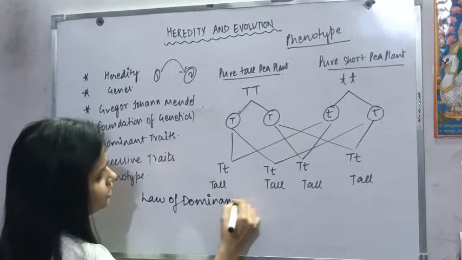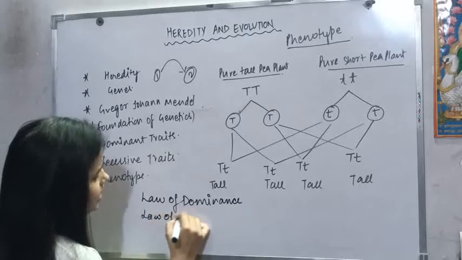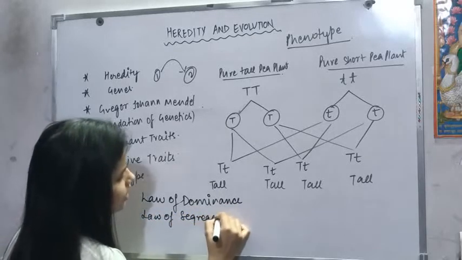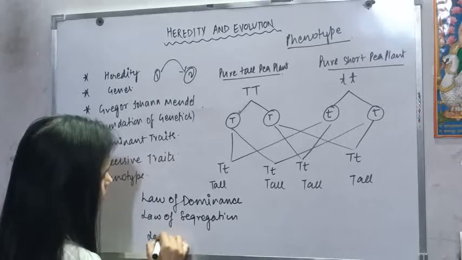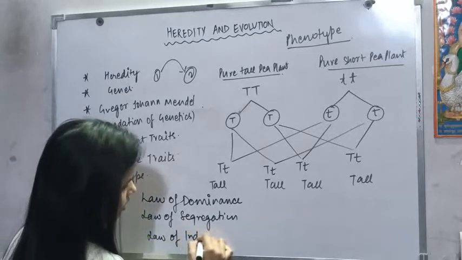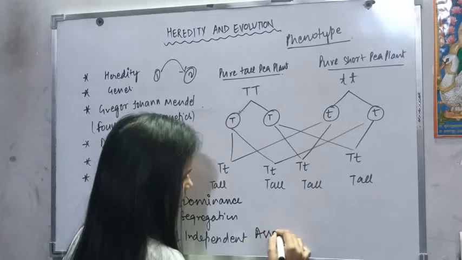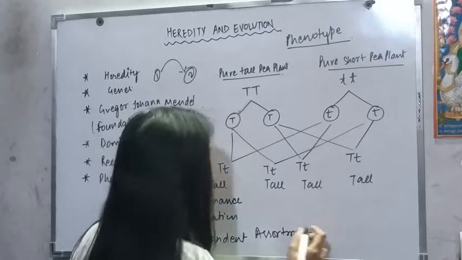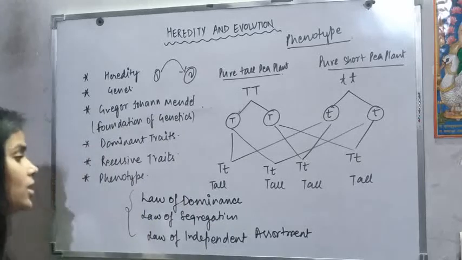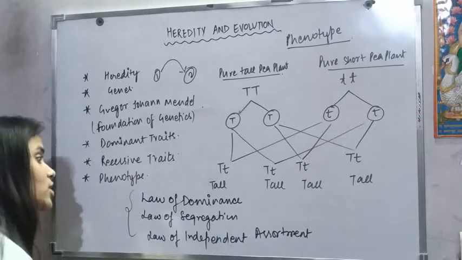Second is the law of segregation. Third is the law of independent assortment.